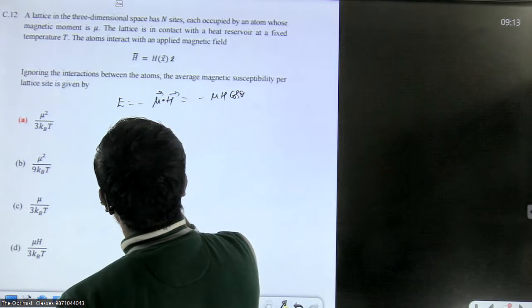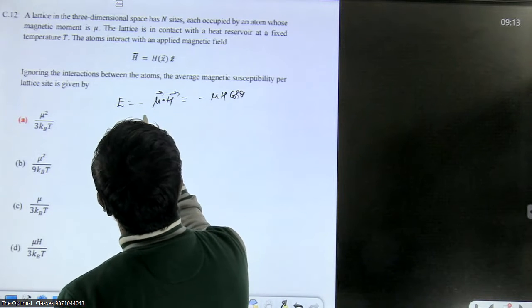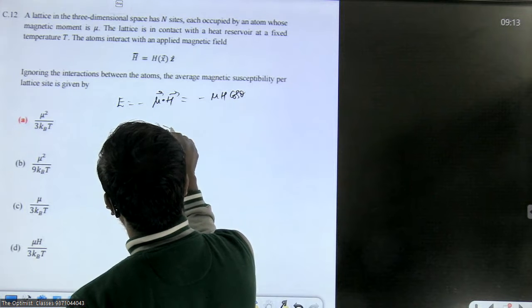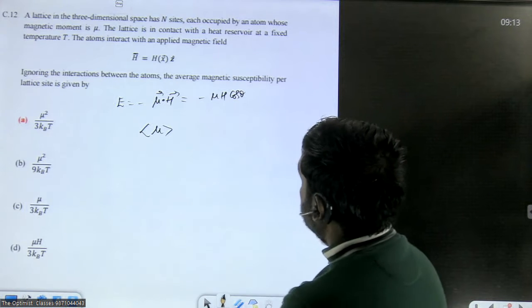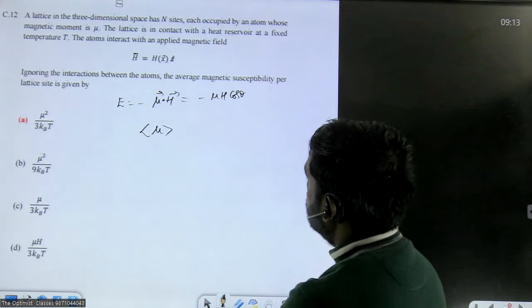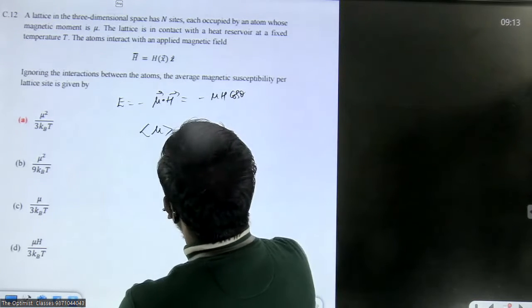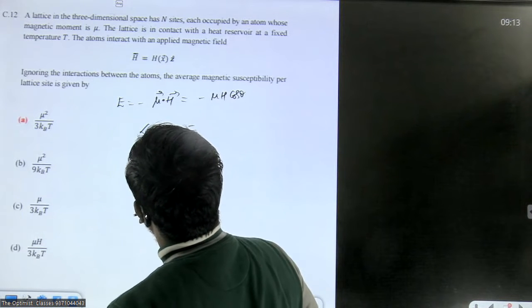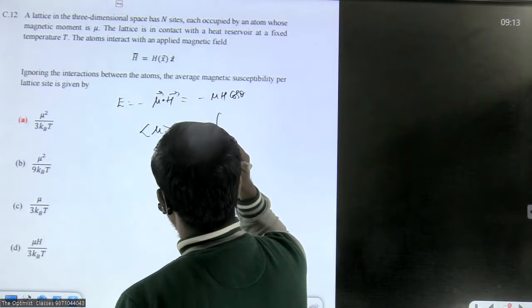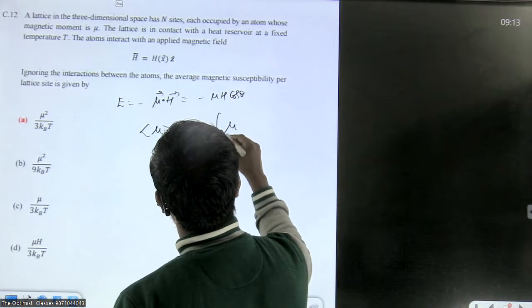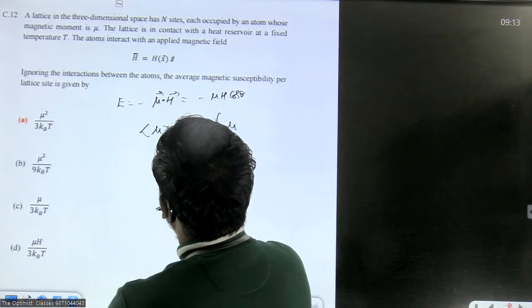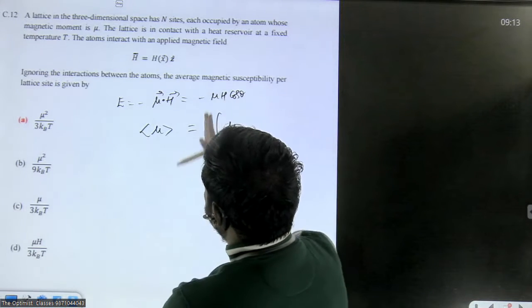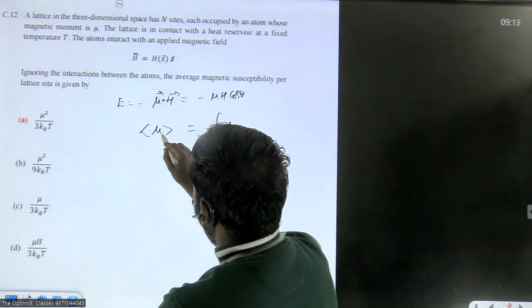Now if you want to write the expectation value of the magnetic moment, in the direction of the magnetic field, we are calculating the expectation value of the magnetic moment.